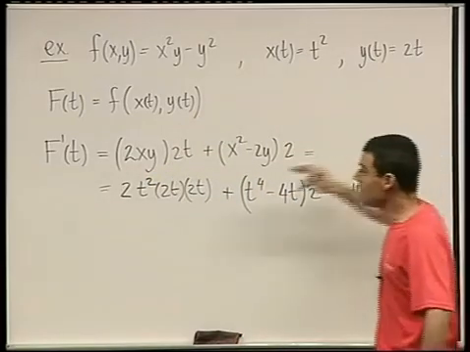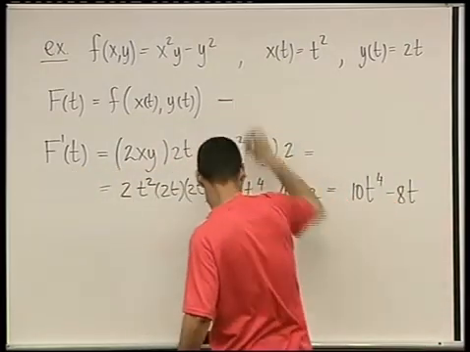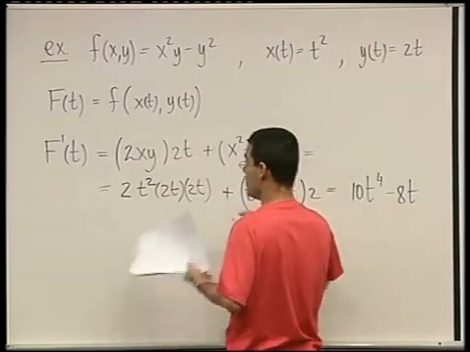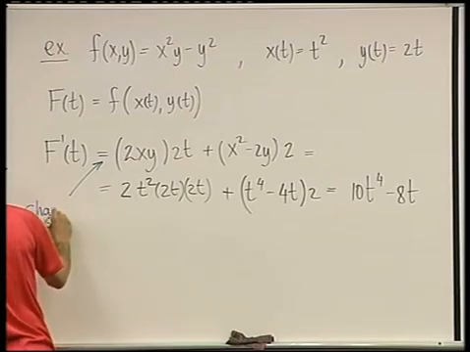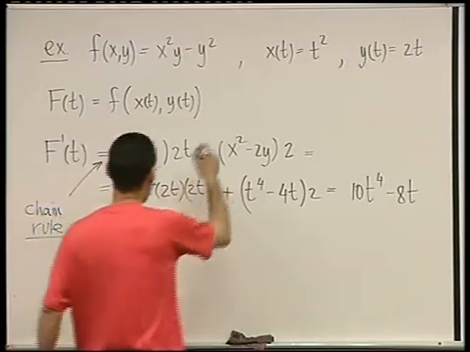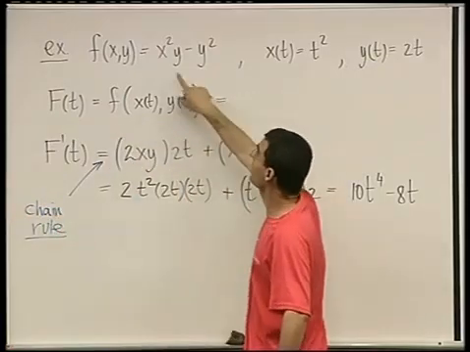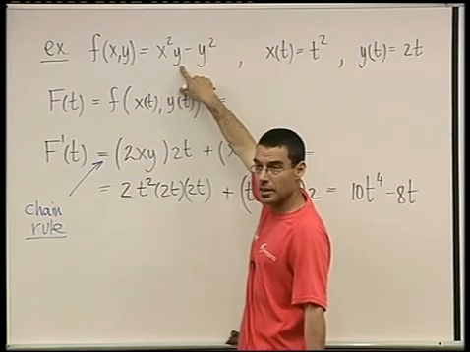So here we just found the derivative using the chain rule. Note that this equals, what is f of x of t, y of t? It's just putting x of t here and y of t here. That's the composition.